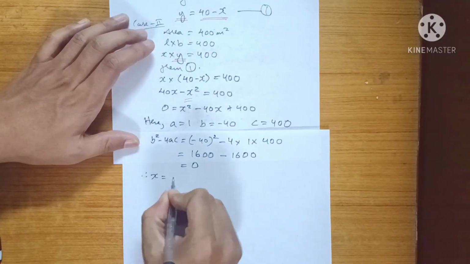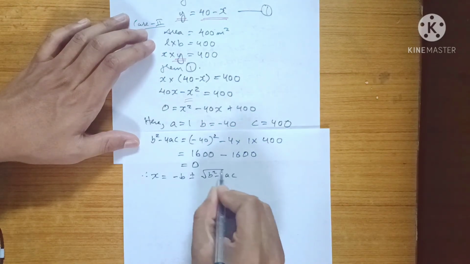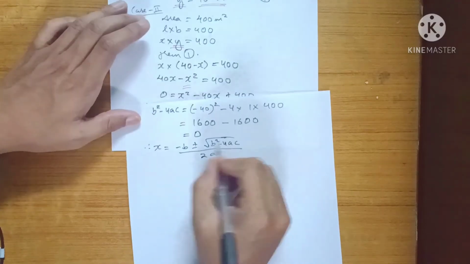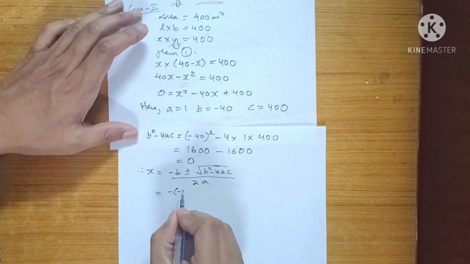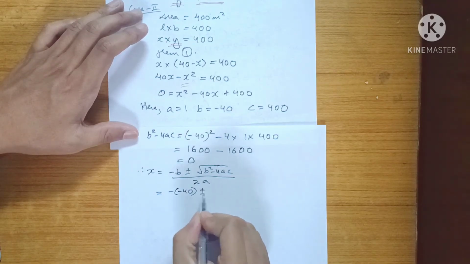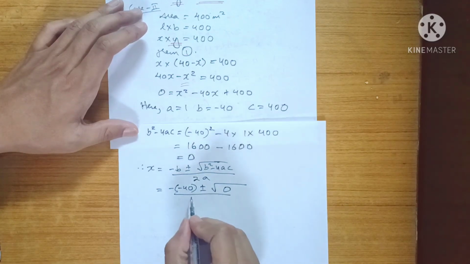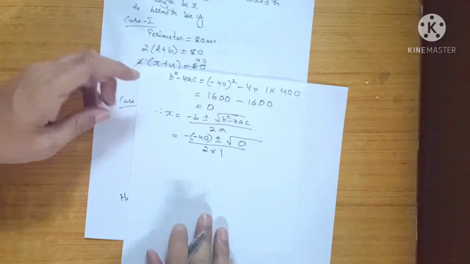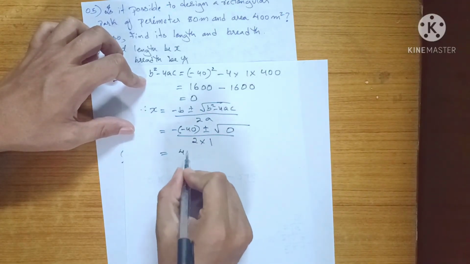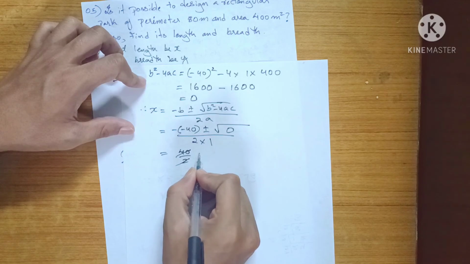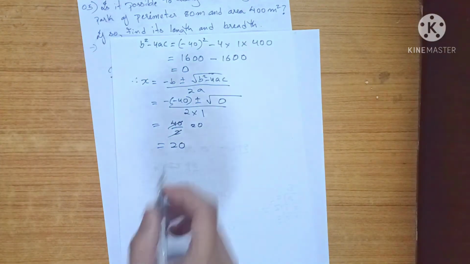Therefore x equal to minus b plus minus root over b squared minus 4ac divided by 2a, right? Equal to minus b, in this case 40, and then root over b squared minus 4ac, we got it 0, so it doesn't count actually. A is 1, so root over 0 is 0 only, so we're only left with 40, so 40 divided by 2 is 20, so x equals 20.